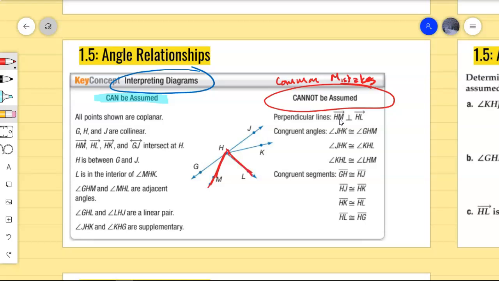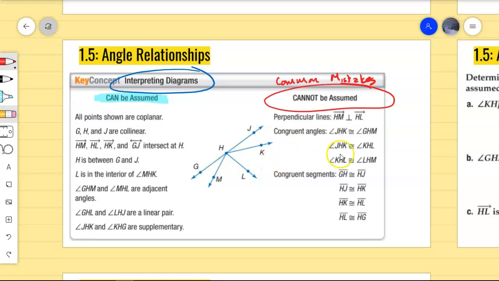Even if they looked perpendicular, you cannot say that until you see the little perpendicular symbol. You must see the symbol.